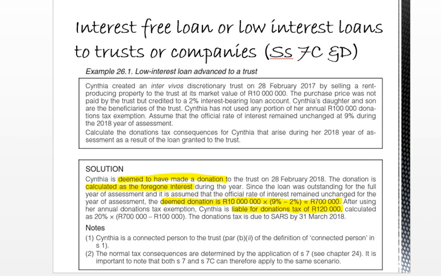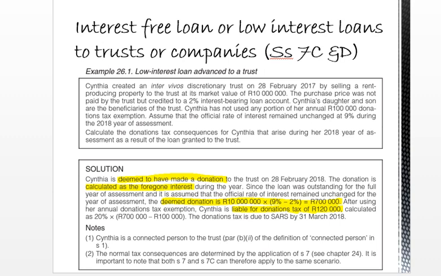So if we look at an example, we've got Cynthia, who created an inter vivos discretionary trust on the 28th of February 2017 by selling a rent-producing property to the trust at its market value of 10 million rand. The purchase price was not paid by the trust, but credited to a 2% interest-bearing loan account.